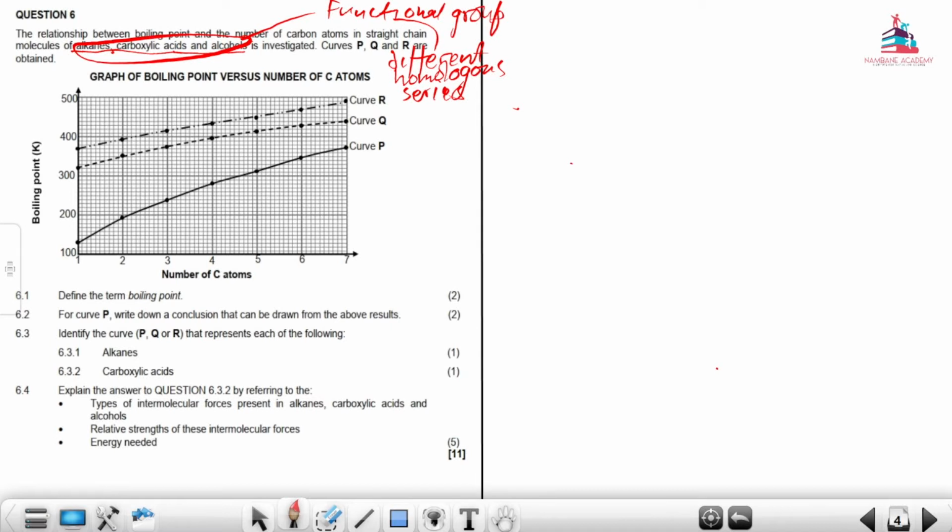Remember, why functional groups? Because a functional group is an atom or a bond or a group of atoms that now gives physical and chemical properties of a molecule. Now, define the term boiling point, that is now at 6.1.